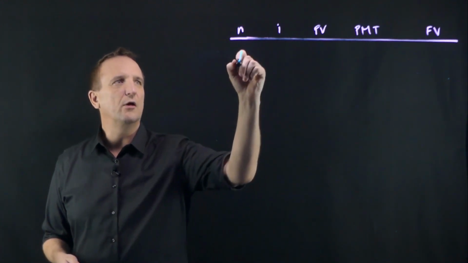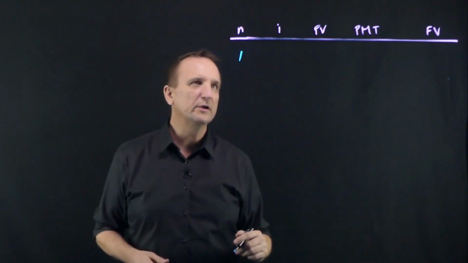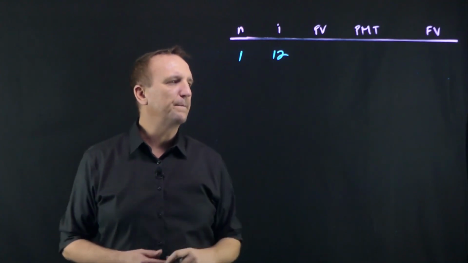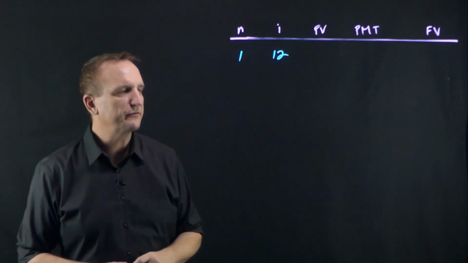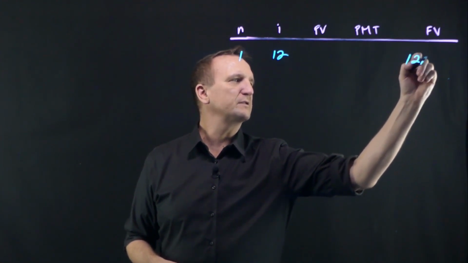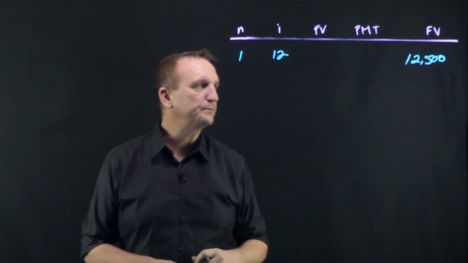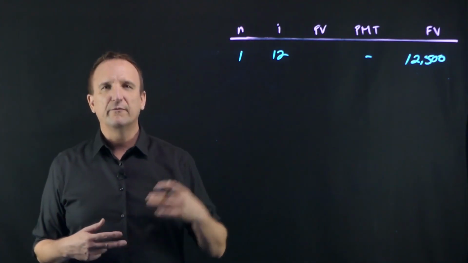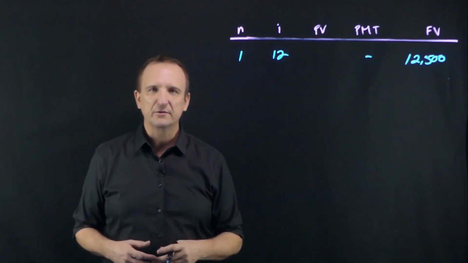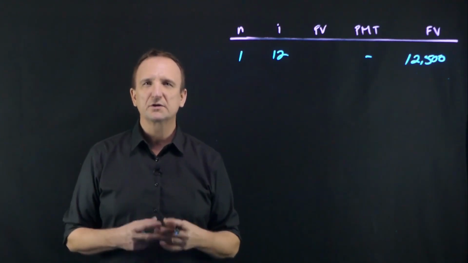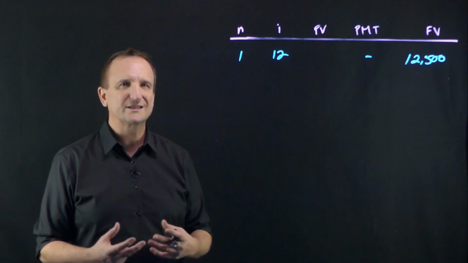And so our first payment at the end of year one, and we are earning a 12% annual return, so we don't have to change that, is going to pay us a cash flow of $12,500. So we're going to end up solving for the sum of the present values of all of these different cash flows to determine how much this investment is worth to us today.